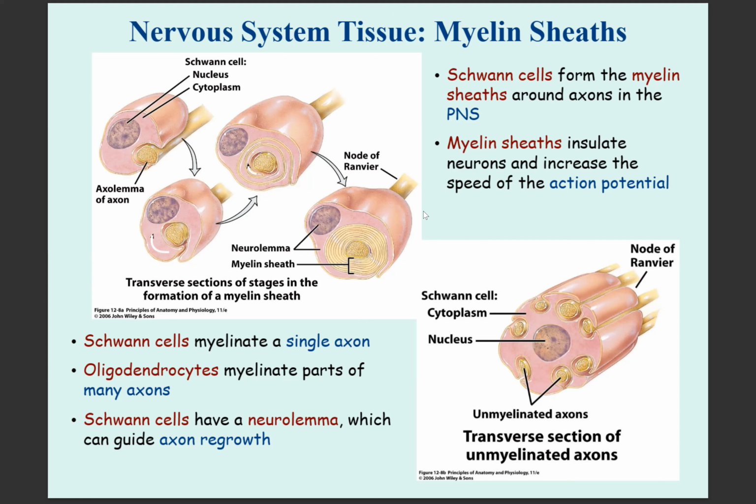When you look at this, this is actually Schwann cells producing myelin that will insulate the axon. But here we can see that the axons are unmyelinated.